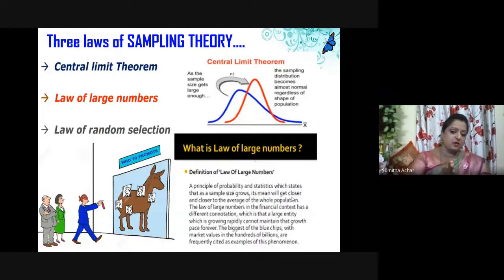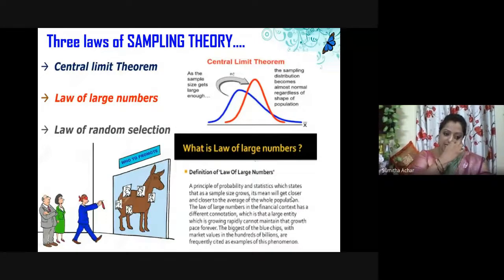Whether the data is positively skewed or negatively skewed, it will take the shape of a bell curve, which is called a normal distribution. That is what the central limit theorem is all about: the larger the sample size, the more normal the data.